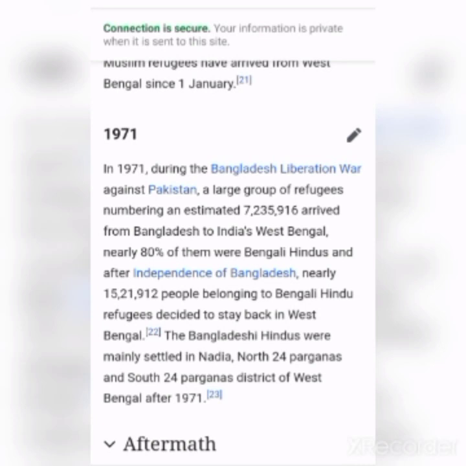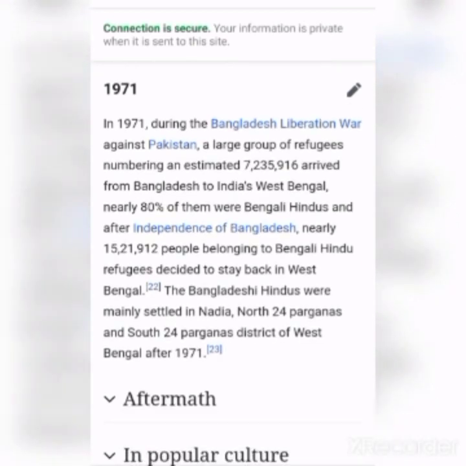Nearly 80% of them were Bengali Hindus, and after the independence of Bangladesh, a large number of Bengali Hindu refugees decided to stay back in West Bengal.